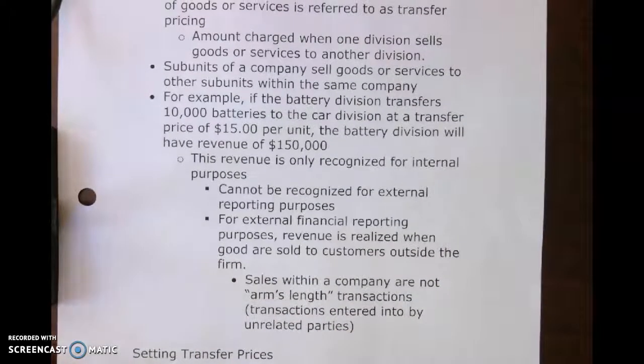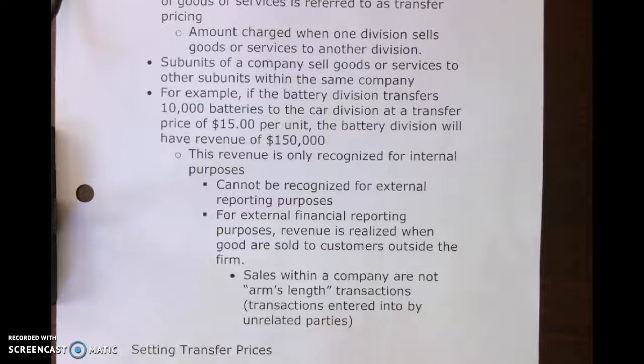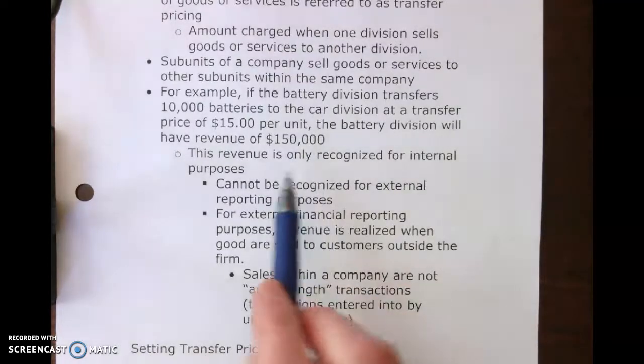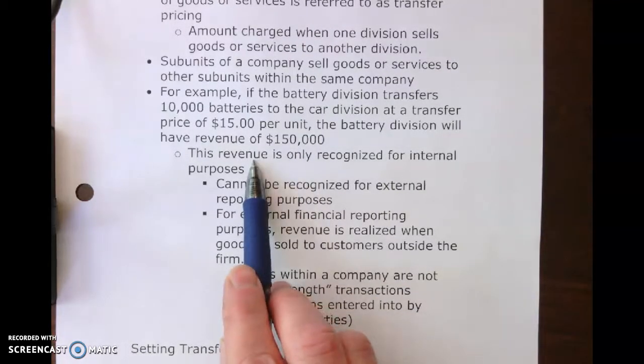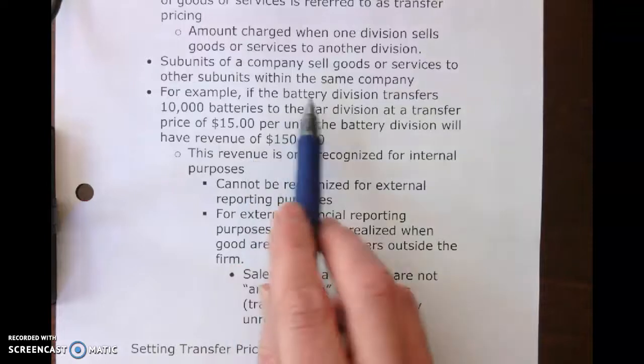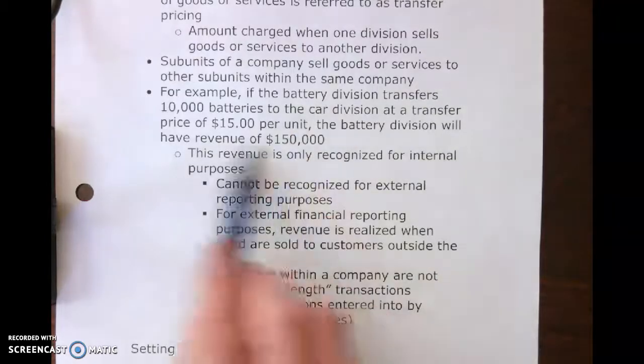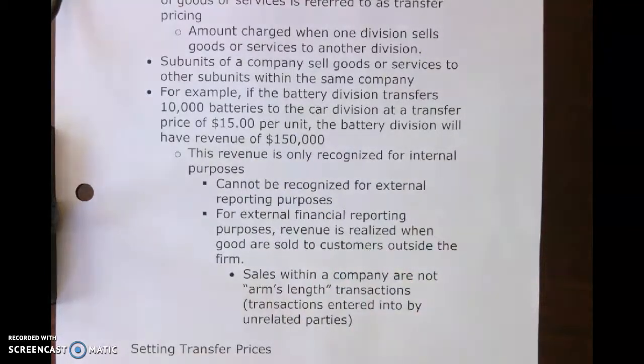So we can't say, hey, the battery division made a sale to the car division, and we can recognize that as sales on our financial statements that we send to the Securities and Exchange Commission. Can't do that because it's not at arm's length. It's not an unrelated party. Okay, but if we had a departmental income statement for the battery division, we could recognize that as revenue inside the company, but not external to the company because it's not arm's length.